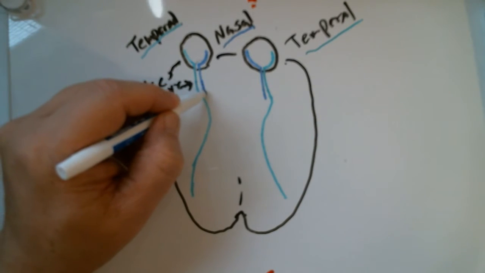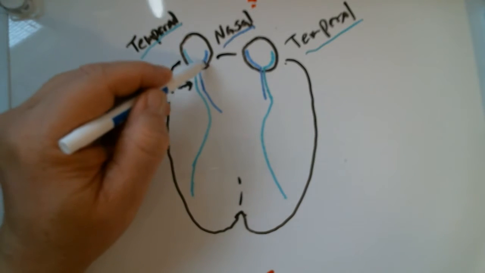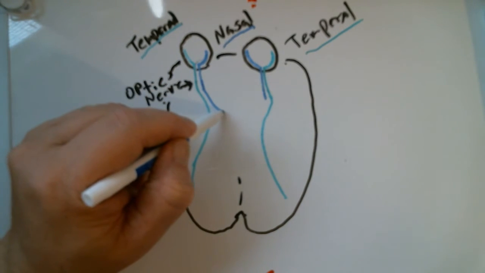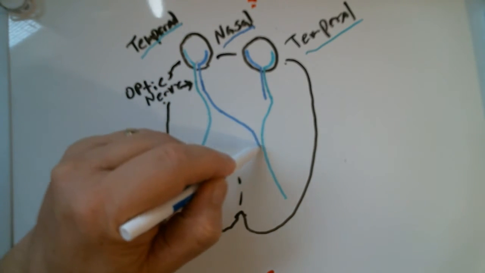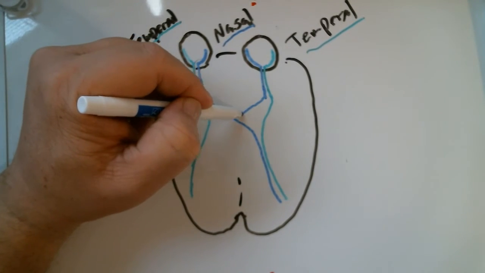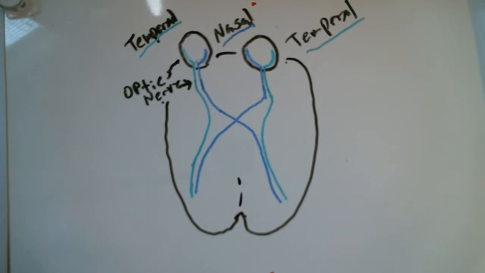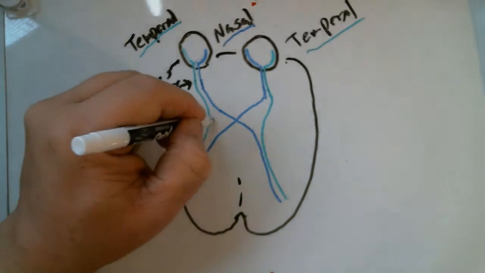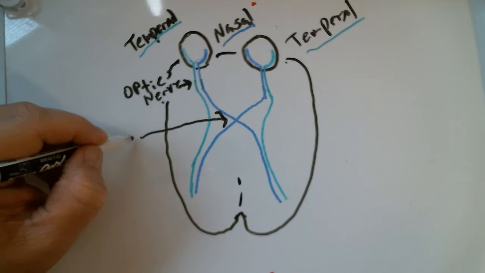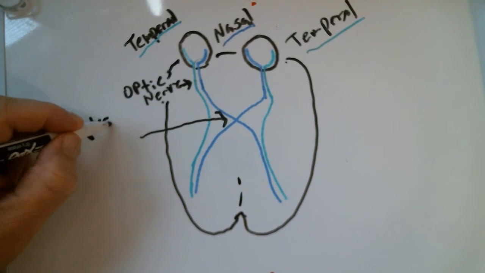Now, right in here, the part of the retina that is innervated by this nerve does cross over. And they call this area right here the optic chiasm.